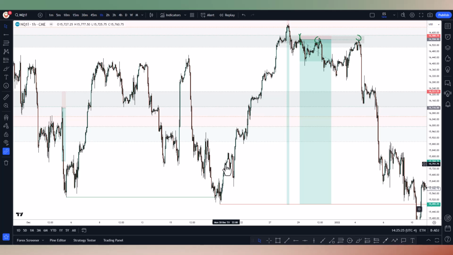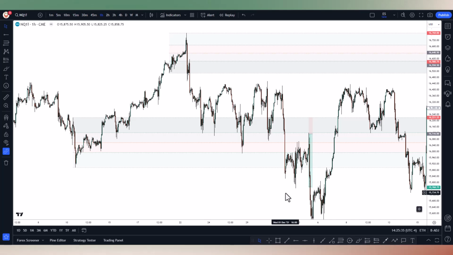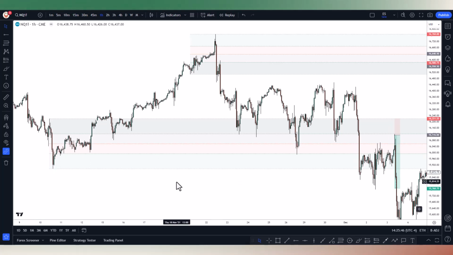So this is why I like to use this setup for higher time frames, because if you know what you're doing, it gives you a high risk to reward, but you need to be patient. Really, you need to be patient. And you can take another trade while you are waiting for your setups. For example, in here we have this zone. We still didn't flip it in here, right?